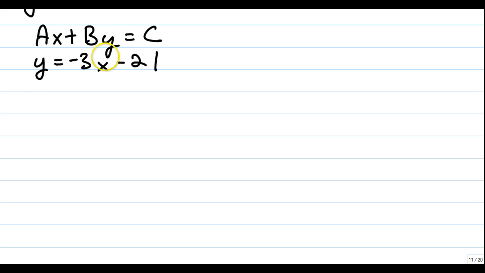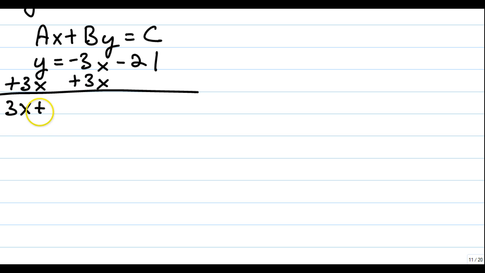That means that this negative 3x needs to come over and join the y on the left side. We'll do this by adding 3x to both sides, so plus 3x. So we're left with 3x plus y equals, now this 3x has gone down to a 0, and it's just leaving us on the right side with a negative 21.